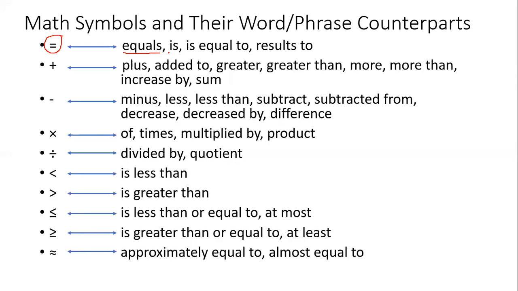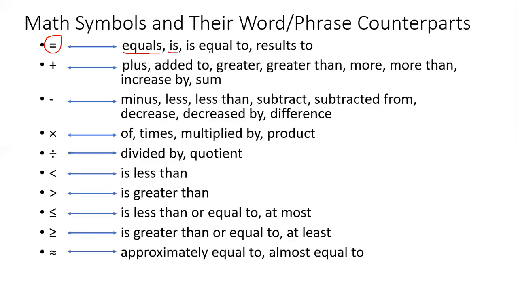In word problems, madalas nyo pong marinig yung word na is. But take note, hindi po lahat ng word na is ay equal ang symbol niya. Dapat po may sinusundan siya na quantity para masabi na equals yung gagamitin natin.